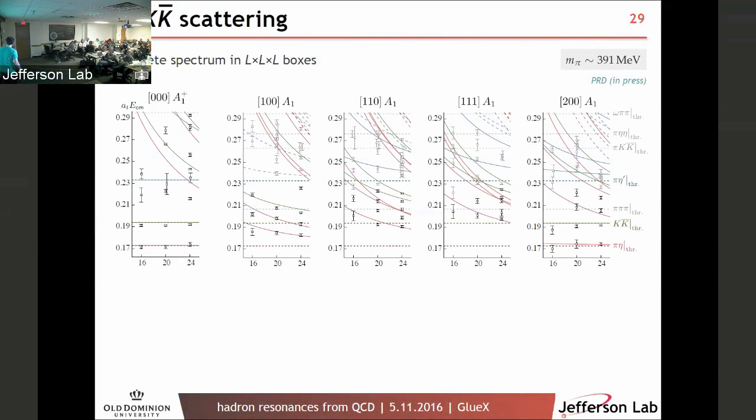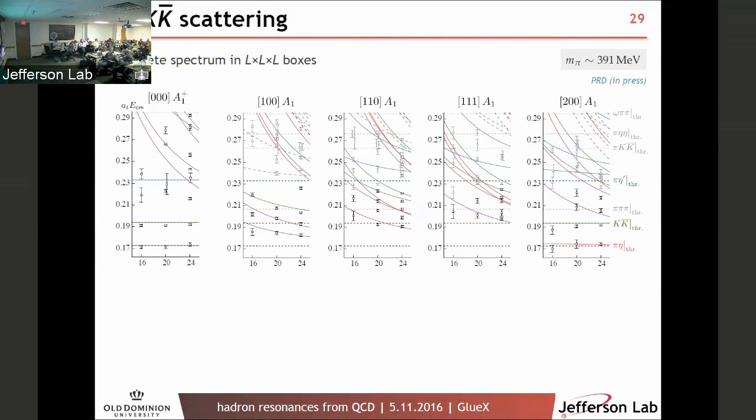Each of those points is part of our constraint on the scattering T matrix, which is going to be a two-channel T matrix, pi eta and kk bar. We're going to parameterize that, try to describe all of these points. So it's going to be pretty well constrained, because these points cover the whole region of energy we're interested in.